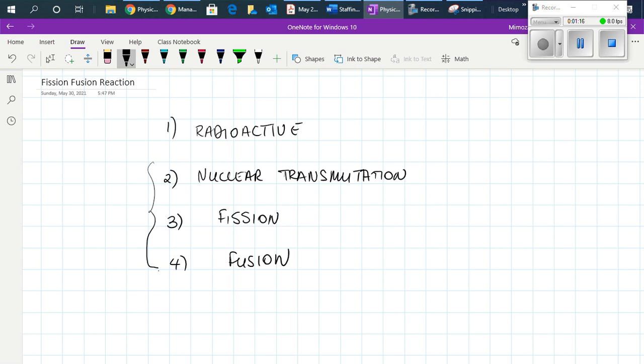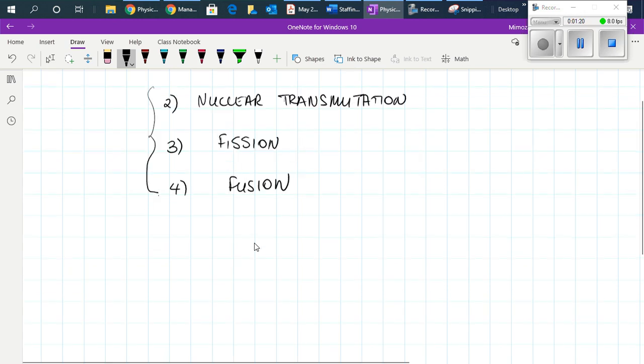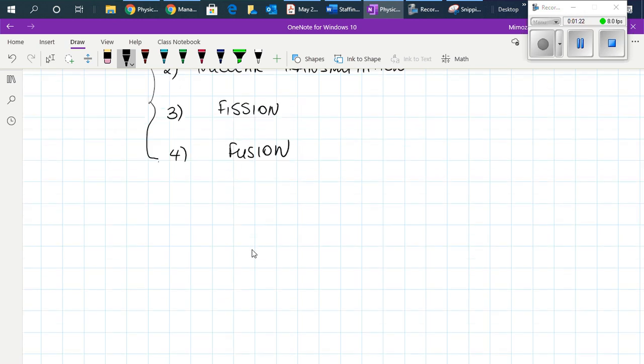Okay, so let's talk about nuclear transmutation. It is possible to disintegrate a stable nucleus by striking it with another nucleus. That may be a subatomic particle or an X-ray.